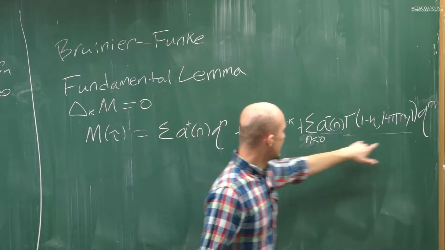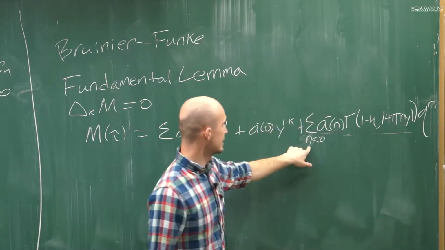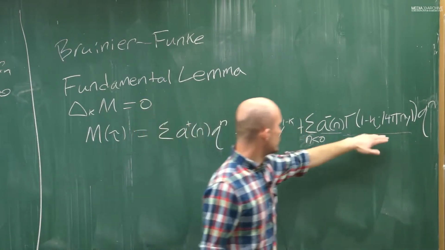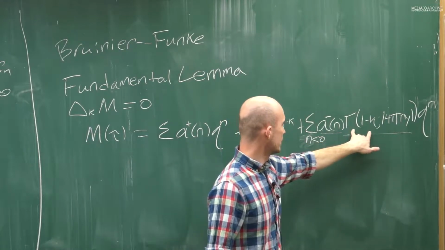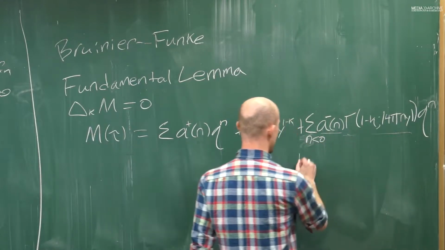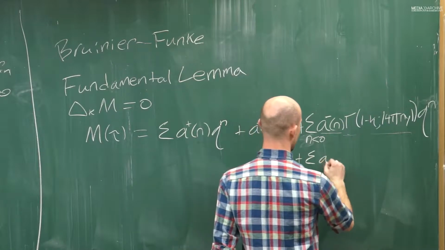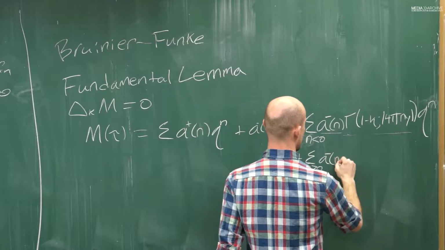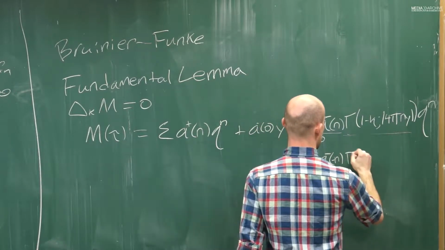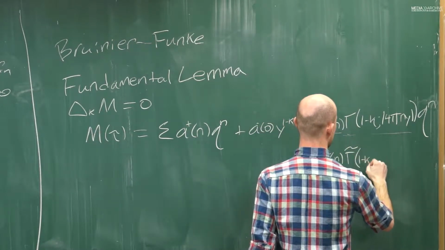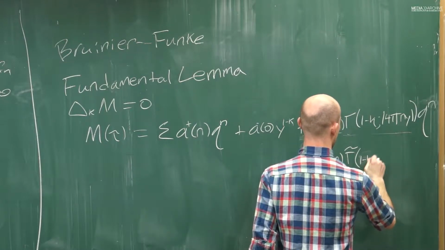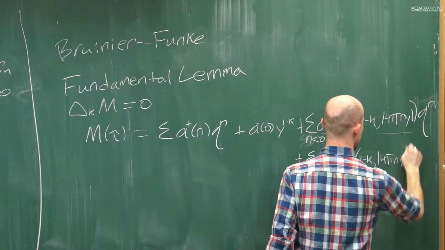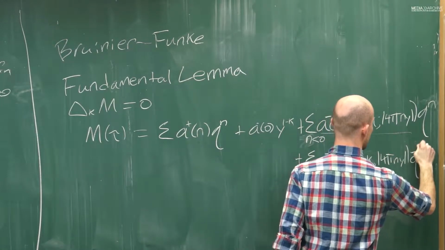Now, because I've got a q to the n with n less than 0, this looks like I've got a massive singularity due to the growth conditions for gamma. I could actually write this instead as a sum over n positive of a minus bar of n, gamma tilde of 1 minus k, 4 pi n y, times q bar raised to the n.